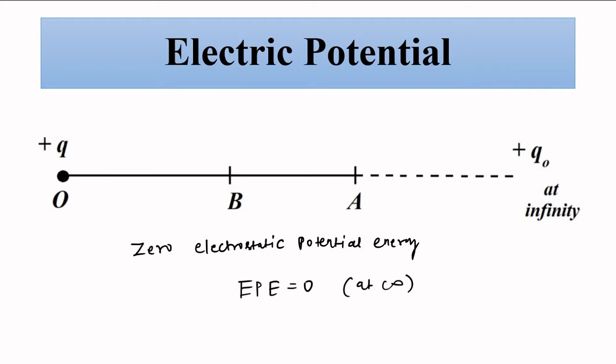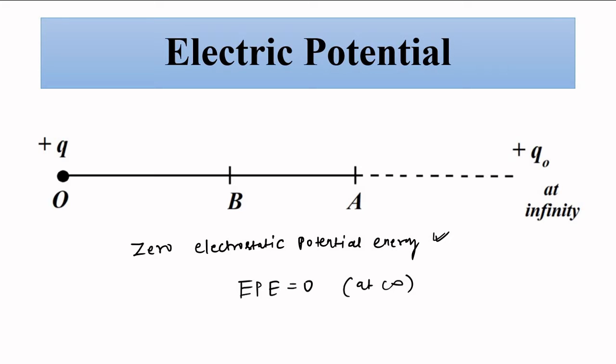So it has to be moved against the electric force of repulsion to move it closer to O. That work which is done to move this test charge closer to the source charge is stored in the charge as electrostatic potential energy. So electrostatic potential energy is the work done against the electric force of repulsion to move the test charge closer to the source charge.